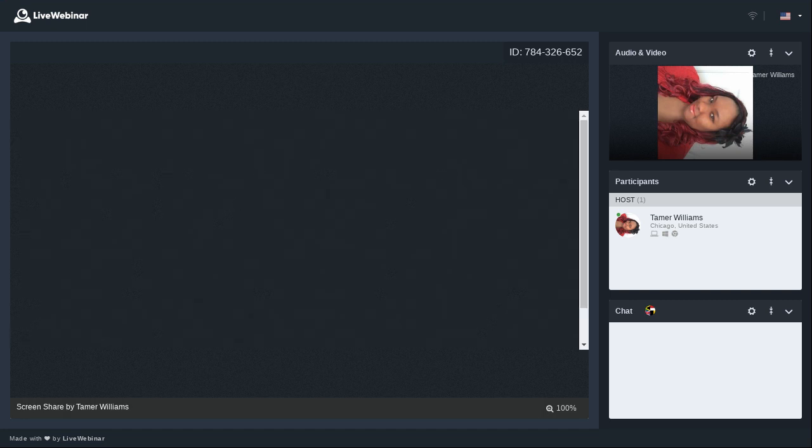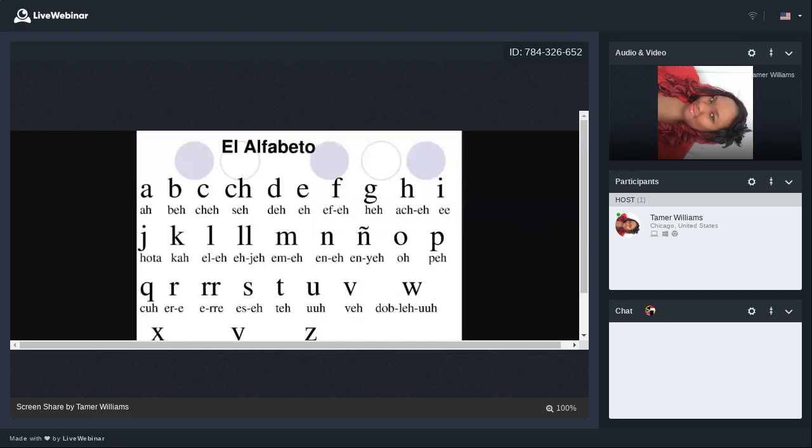Okay, perfect. So now I have the Spanish alphabet. I'm going to show you guys how to pronounce the letters. And a common question in general, if you're asking a question, would be, how do you spell that? And the way to say it in Spanish is ¿Cómo se deletrea? ¿Cómo se deletrea esa palabra?